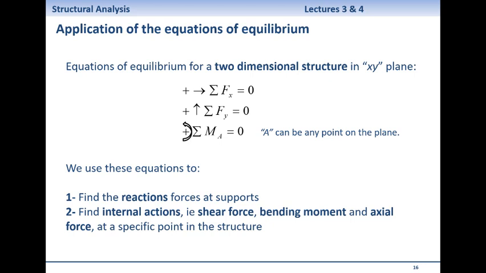It's common practice, and we do that in structural engineering, that we resolve forces and moments into components. So what you see on the screen is a brief version, if you like, of the global 2 equations that we have. Summation of forces is 0, summation of moments is 0.